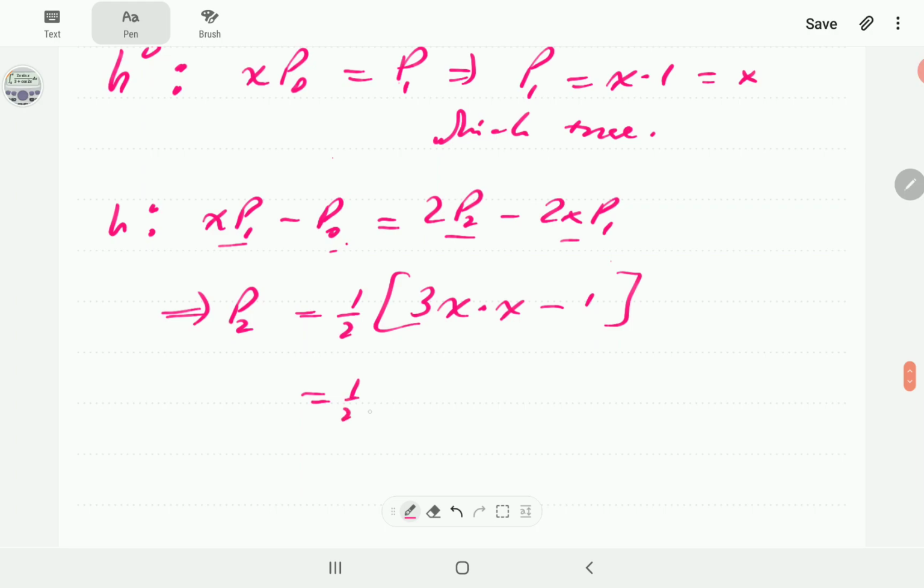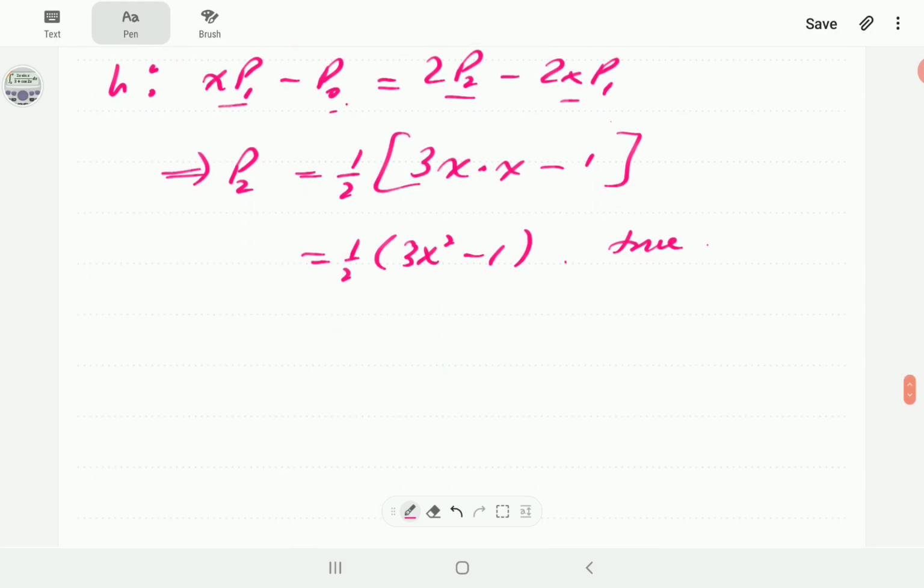So this is giving us 1/2 (3x squared minus 1), which is true again from our calculations earlier. So that's h to the power 0, h to the power 1.